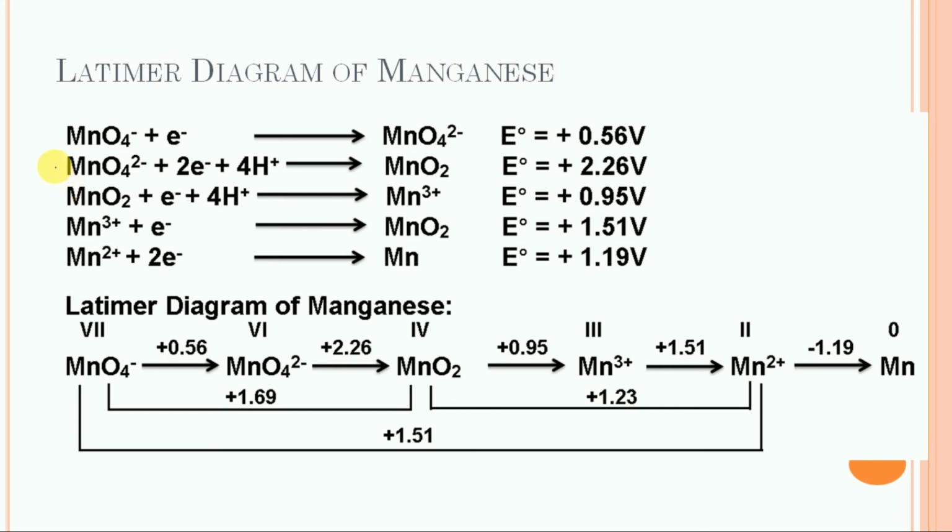The next one is the Latimer diagram of manganese, and it shows the highest oxidation state, that is plus 7, and the lowest, that is 0.